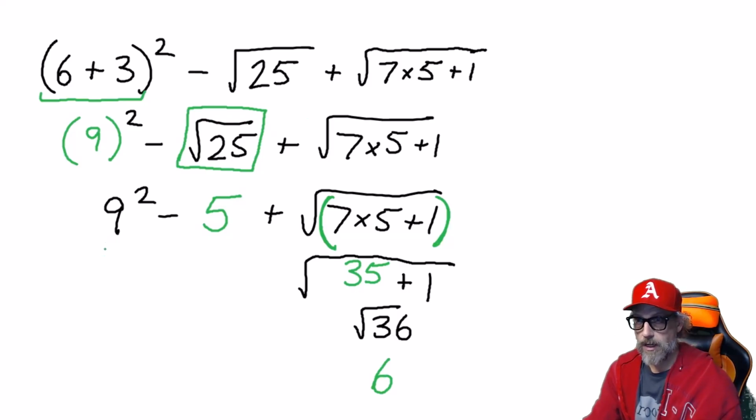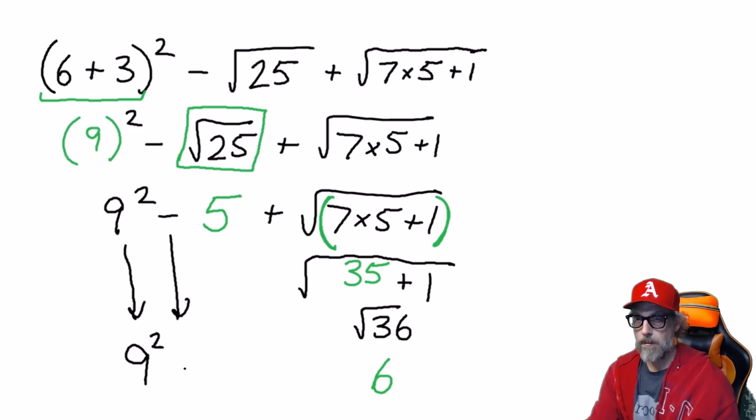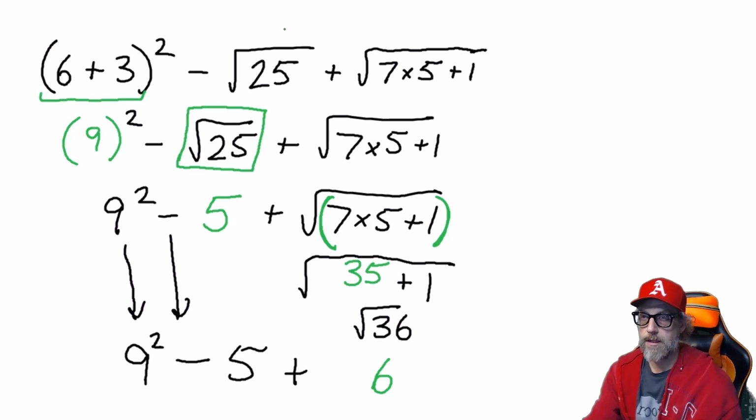And let's do a careful recopy. Don't want to feel like I'm going too far off path here. So there's a 9 squared, that's just carrying down, minus 5 plus, and that was what we had just worked on.